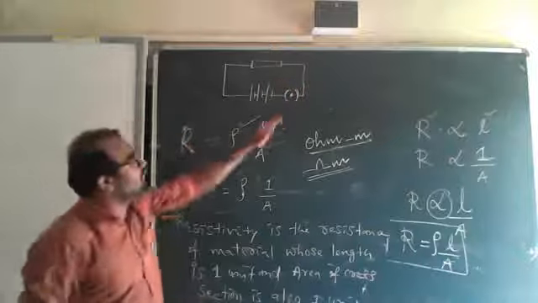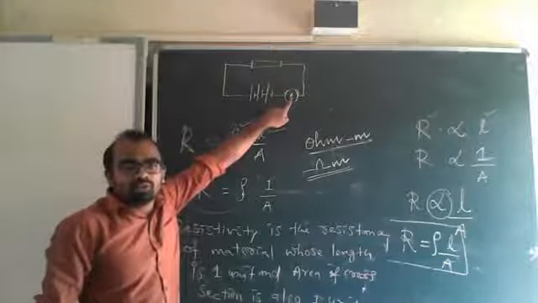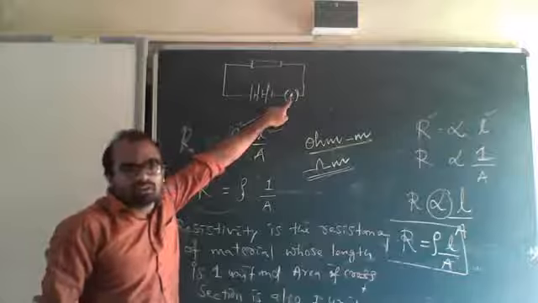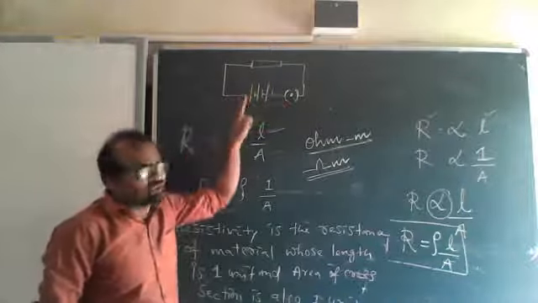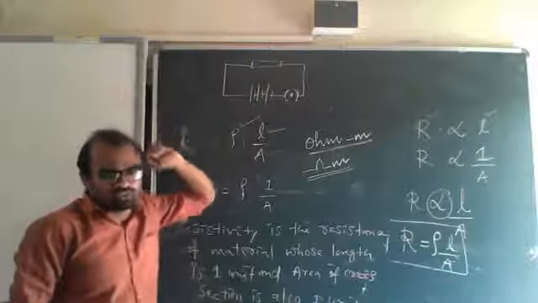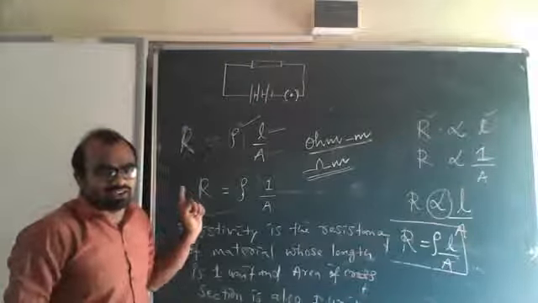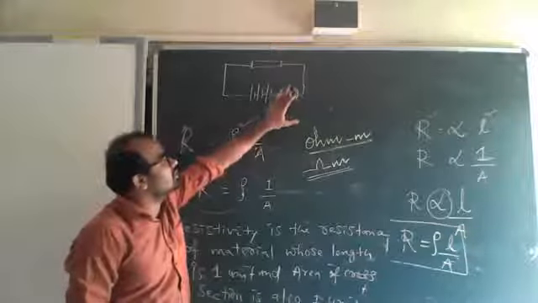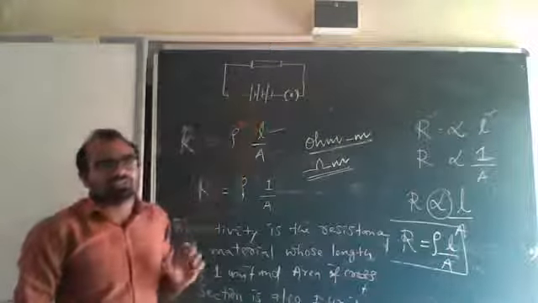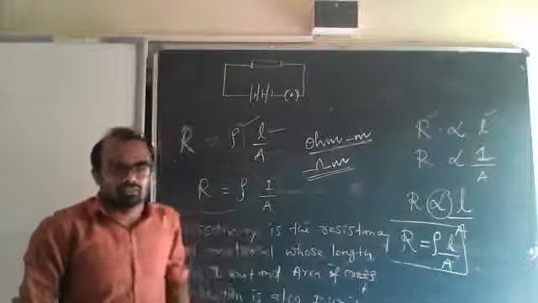Unfortunately, I forgot that. We have to put a sign in the middle so that the key is closed. Otherwise, there will be no flow of current. Key must be closed in an electrical circuit. Then only current will start flowing.